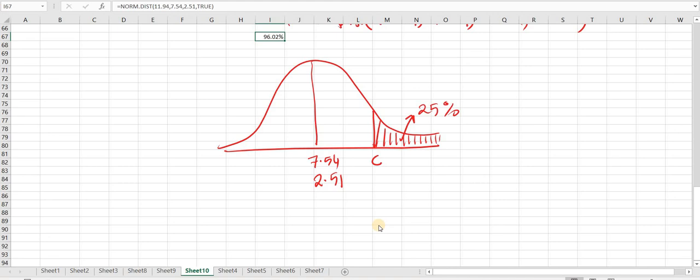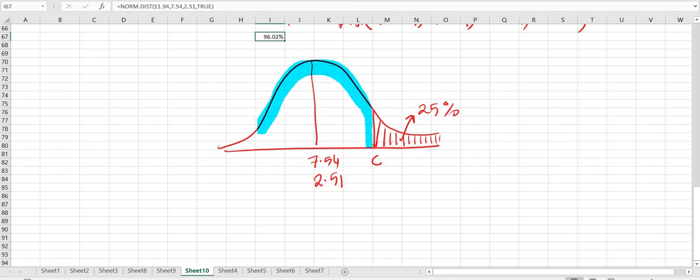All right, to find that cutoff, we know that we can use the inverse function. But the problem with the inverse function is we need the area to the left of it, not to the right of it. We can't use the 25%, basically. But we can do something else. We can still find the area to the left, which I'm going to highlight now.